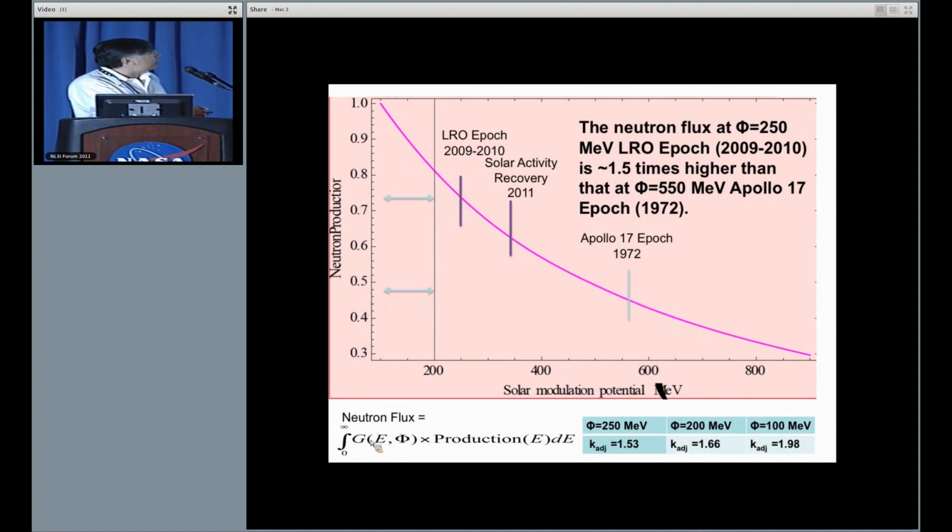Already the solar activity, current era, you can see that solar modulation potential has increased. This is the Apollo 17 epoch solar modulation potential. And if you look at the various ranges, you get a factor of 1.5 to 1.6 augmentation to that 1 count per second. But we're going to use conservatively this 1.5.